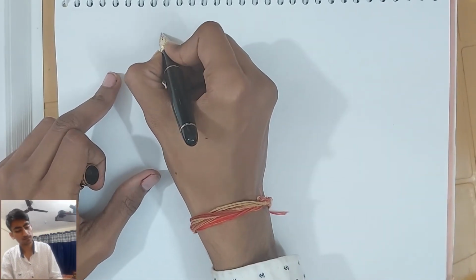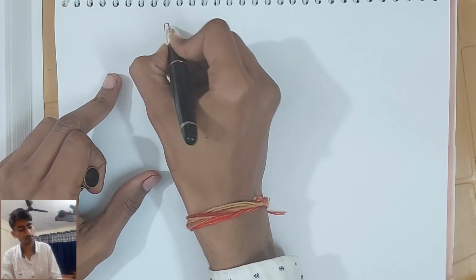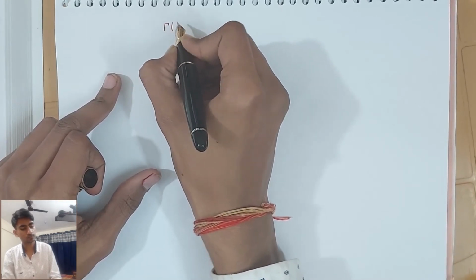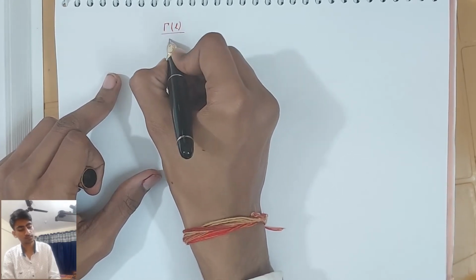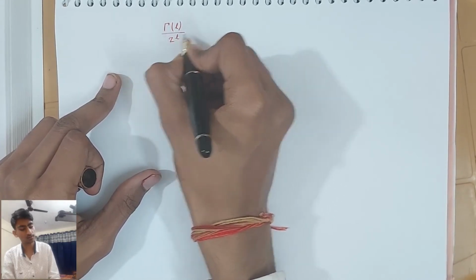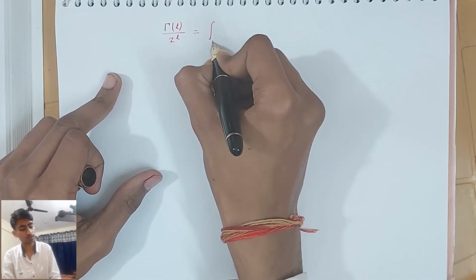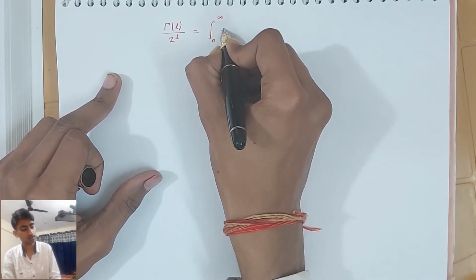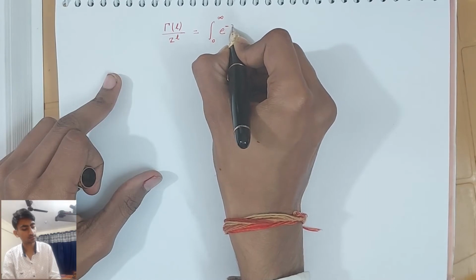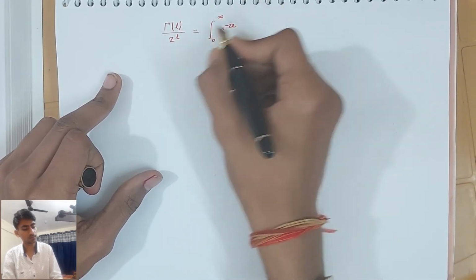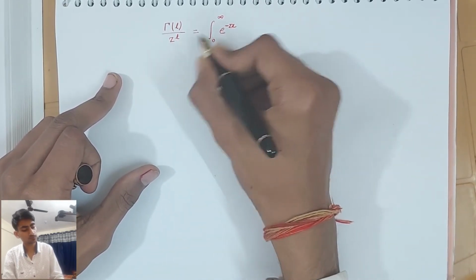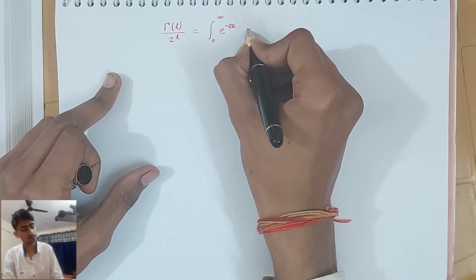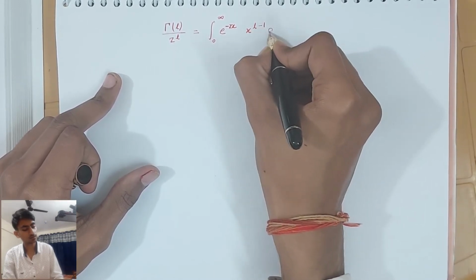So let's say gamma of L by z to the power L is equal to integral from 0 to infinity e to the power minus zx, from the previous relation where I am writing this z in place of a, x to the power L minus 1 dx.